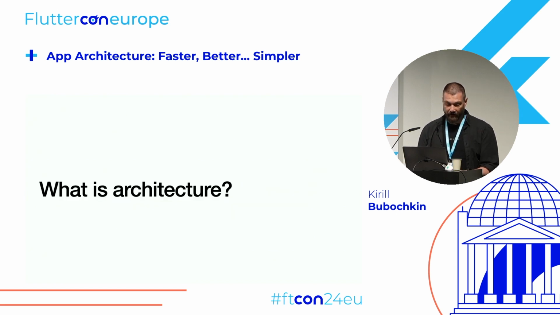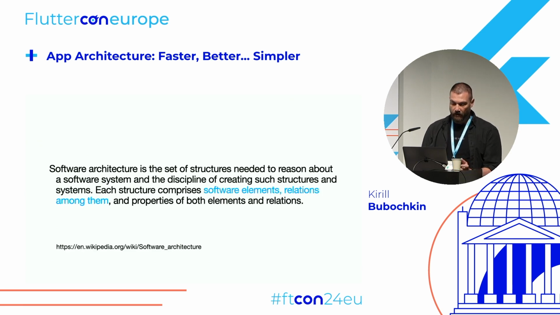Okay, let's finally answer the question. What is app architecture? We can find a pretty good definition in Wikipedia. Software architecture is the set of structures needed to reason about a software system and the discipline of creating such structures and systems. Each structure comprises software elements, relations among them, and properties of both elements and relations.